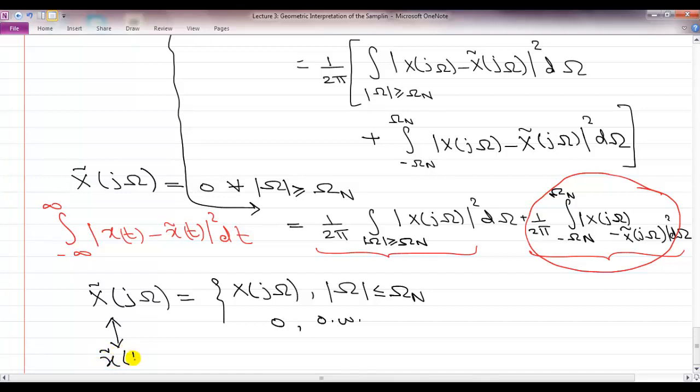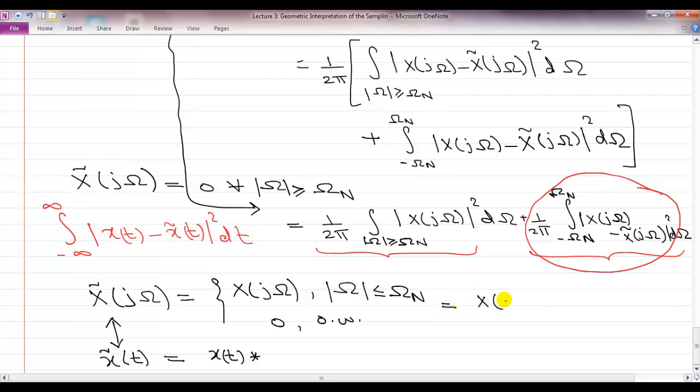It is x tilde of t, which is simply x of t convolved with a filter that gives you this thing. Now, if you think back, if you put on your undergraduate signal processing hat, you know what this is.